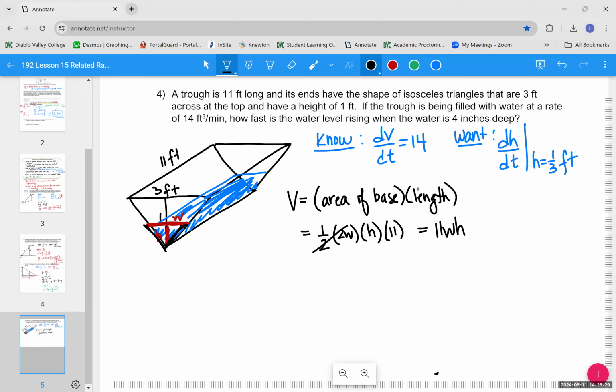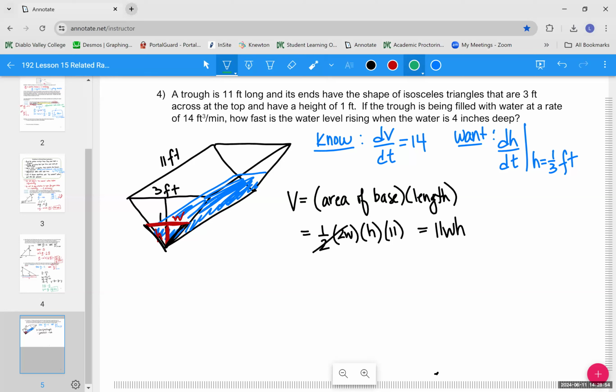But here's the problem. What do we know about volume? Okay. And what do we want to know about? Height. What do we know nothing about? W. So if I leave this W in the equation and I try to take a derivative, I have no information about dW/dt.